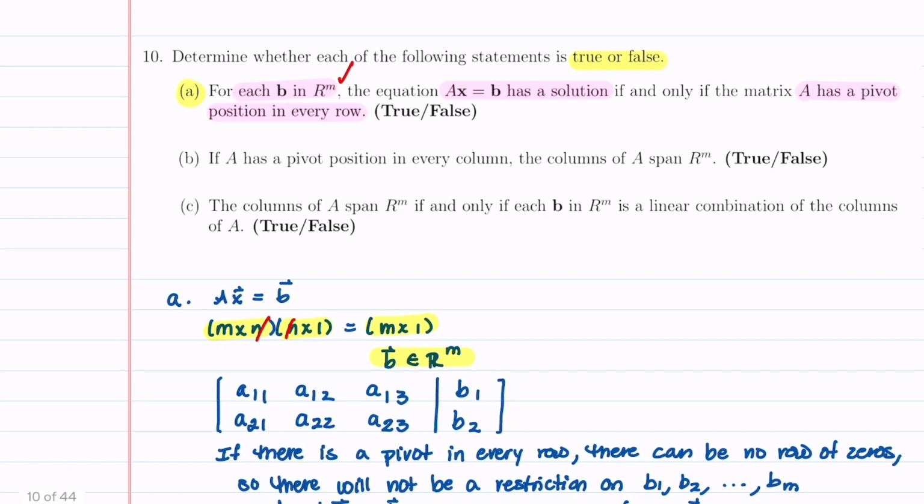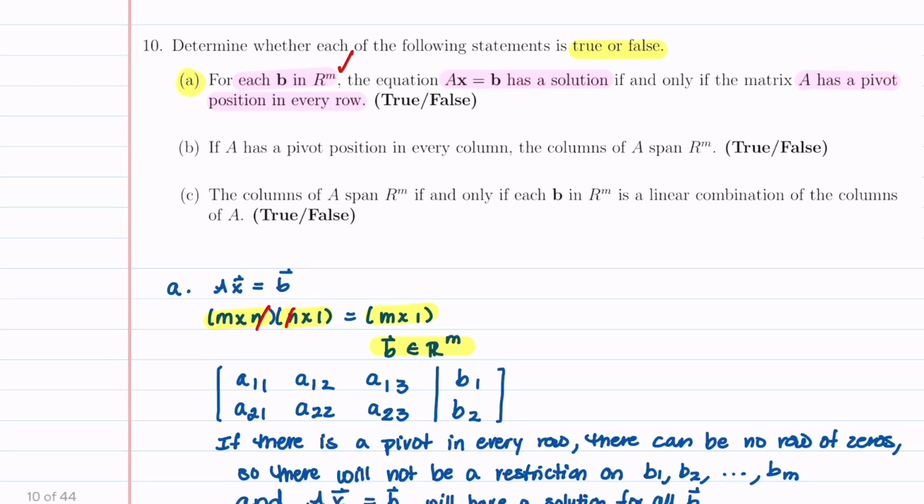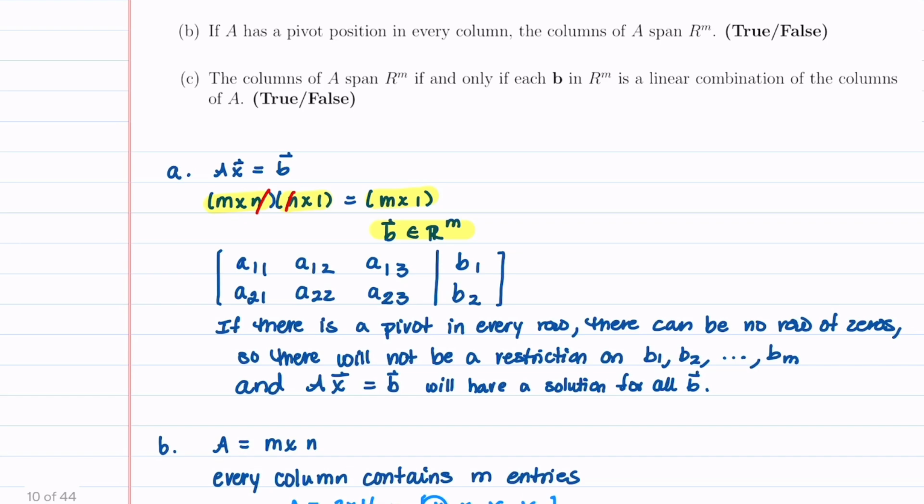Let's go back up and read it again. It says for each b in Rm, so we got that down, the equation Ax is equal to b has a solution if A has a pivot position in every row. So that's what we have to focus on. What I've done here is written down a matrix, a 2 by 3 matrix A, and then we have a right-hand side. I'm just trying to envision what it looks like if we have a pivot in every row.